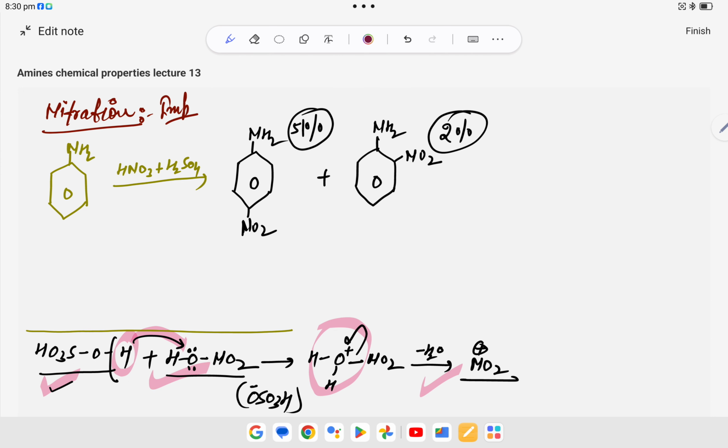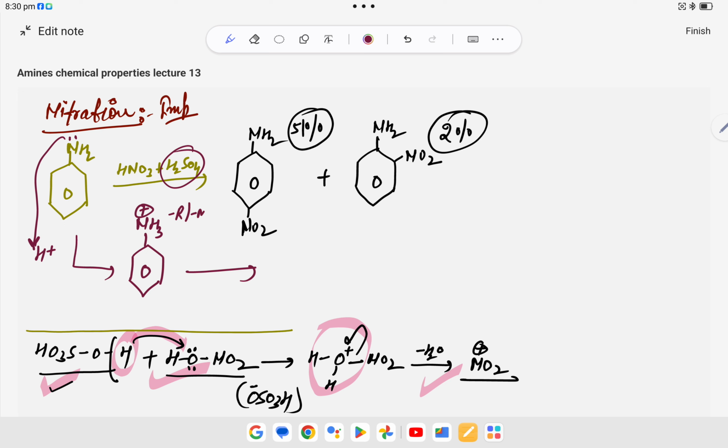Check it. What happened here, children? Acidic medium is there, so H plus is present, and here you have a lone pair. So the lone pair is approached by H plus and the anilinium ion is generated. What is it? Anilinium ion, and the anilinium ion shows a minus R or minus M effect.